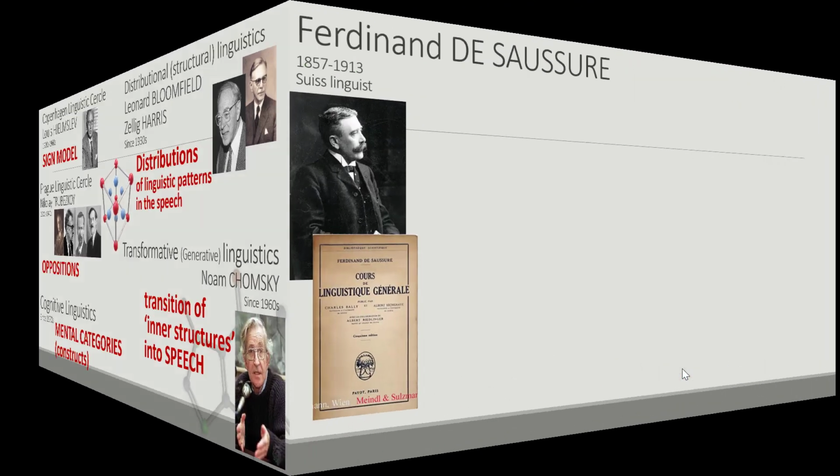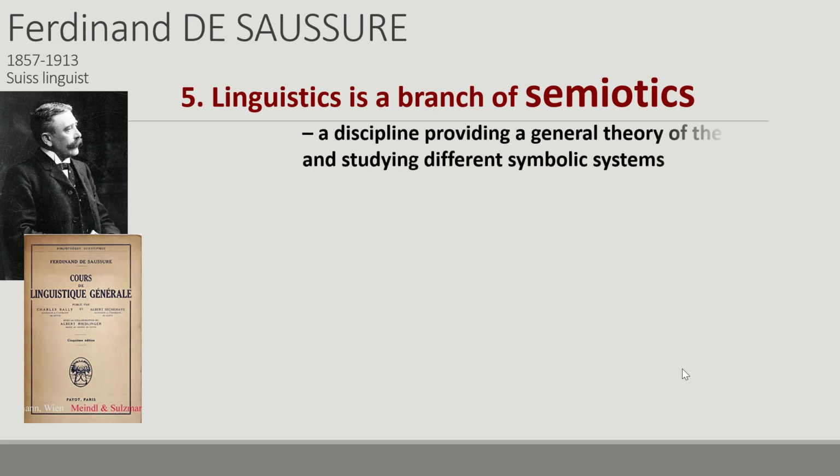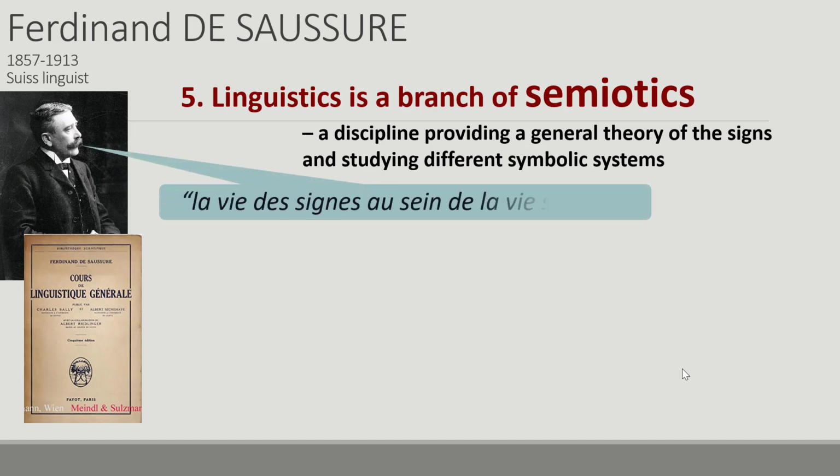The last but not least essential contribution of Saussure is that he suggested considering linguistics, which studies language as a sign system, as a branch of semiotics. Semiotics is an interdisciplinary field of studies that develops a general theory of signs and explores different symbolic systems, la vie des signes au sein de la vie sociale, the life of signs within social life.